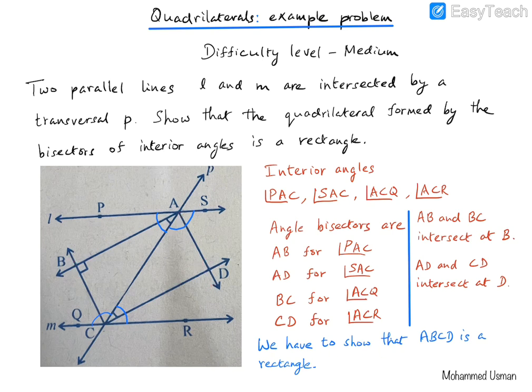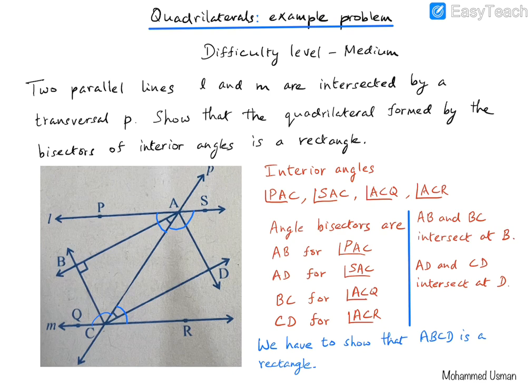So what we have to show in this problem is that the quadrilateral formed by the bisectors of the interior angles is a rectangle. From this configuration, basically, we have to show that the quadrilateral ABCD is a rectangle.